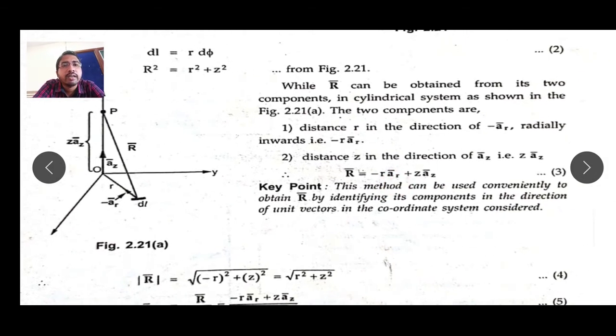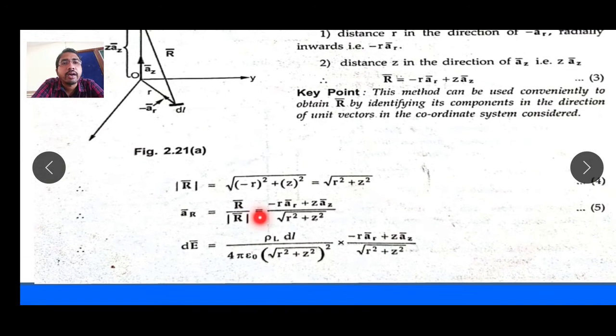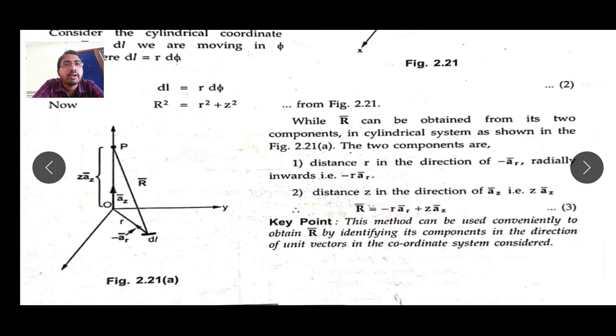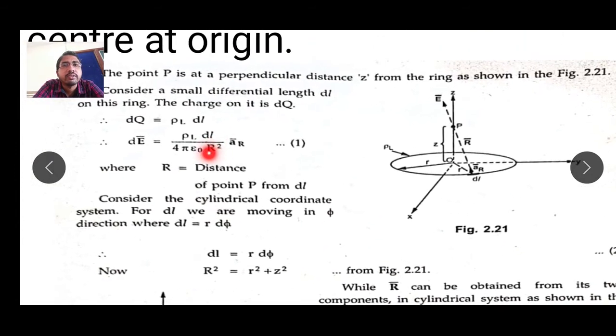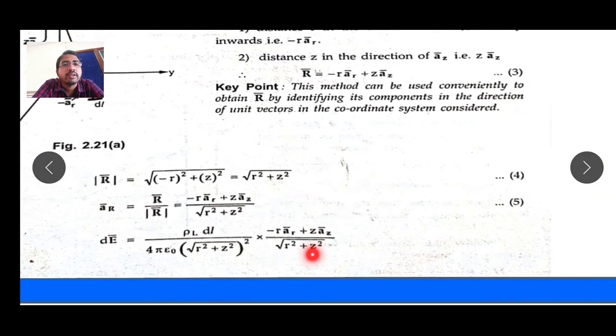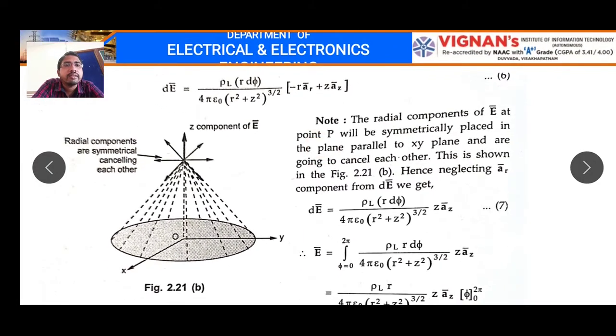If you find mod r bar, then you can find the unit vector ar bar, that is r bar by mod r bar. So finally you have the expression for differential electric field intensity dE bar, which you have already simplified up to this expression. In place of ar bar you substitute this r bar by mod r bar, and on simplifying you will get the expression for dE as follows. And this is only the electric field intensity due to a small differential length of the ring.